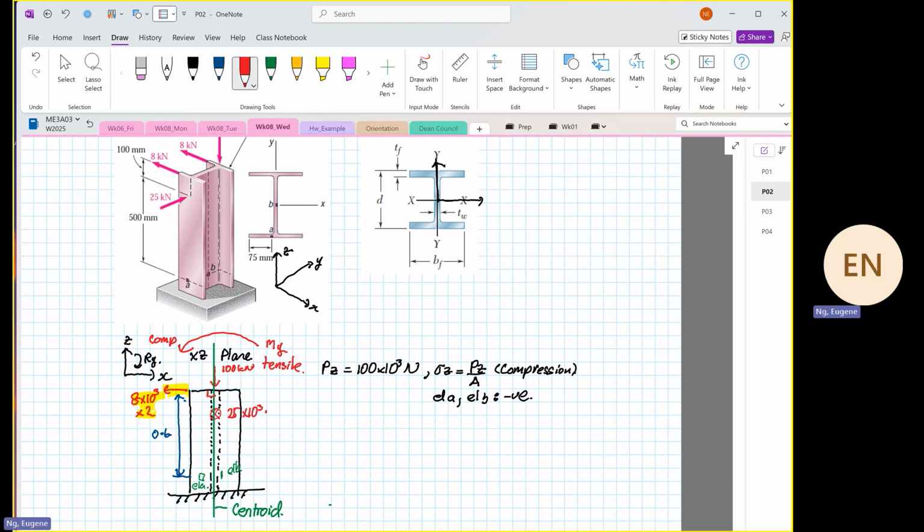If you look at the 8 times 10 to the power 3, if you put your fixed point where the elements are, the 8 times 10 to the power 3 twice, front and back, is going to generate an anti-clockwise rotating moment. When that's the case, the head end is in compression, the tail end is in tensile.